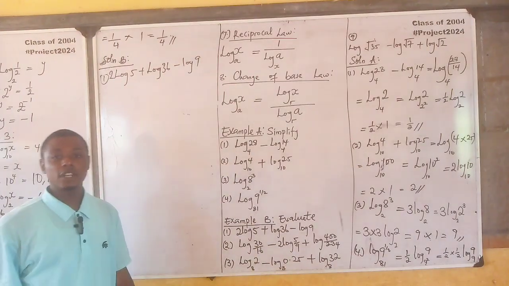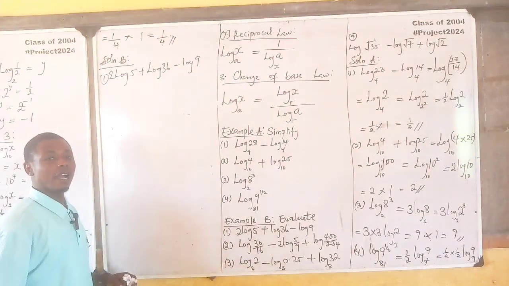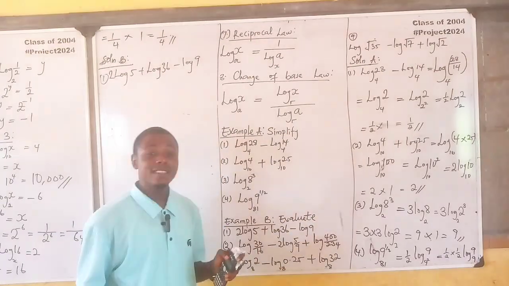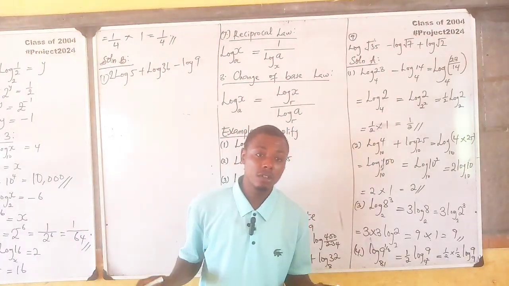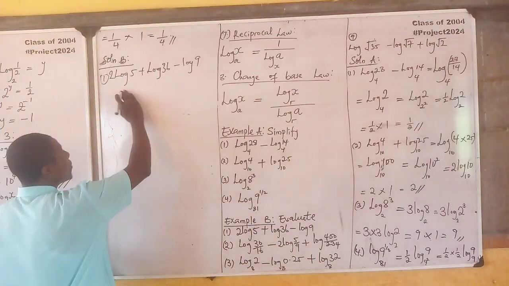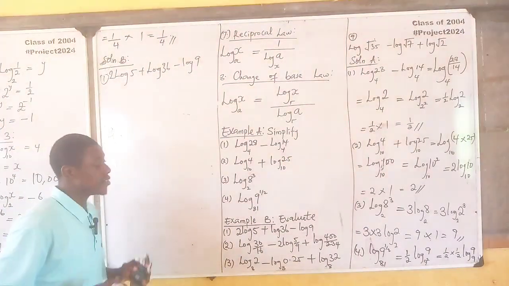Now, what do I want you to learn here? Remember, there is no base in the log. Anytime they give you log and they do not put a base, it means the base is assumed to be the standard base, and the standard base is 10. So all of them are in base 10. If they do not include or specify the base, it's in base 10.